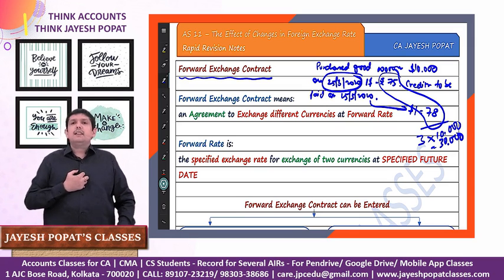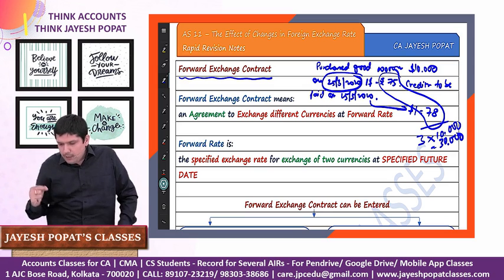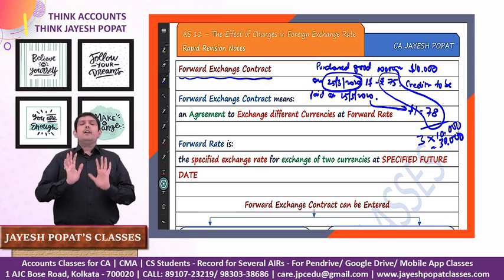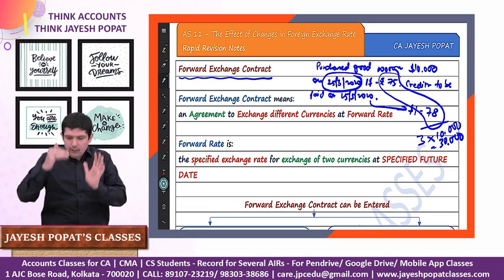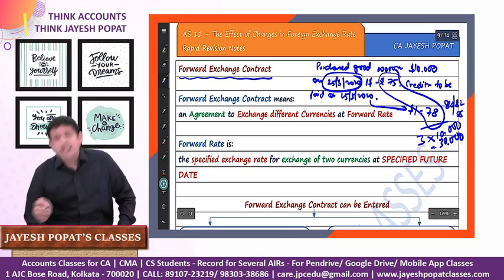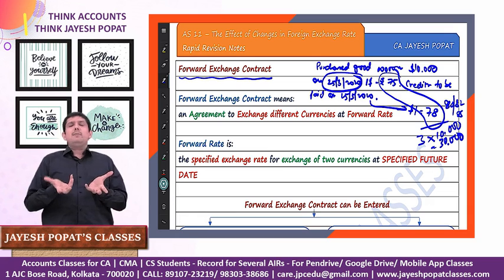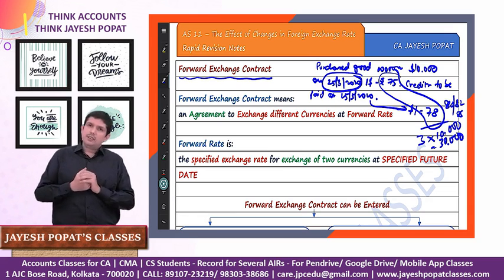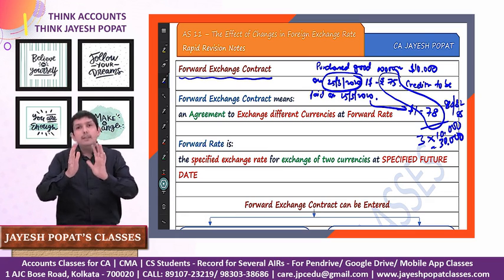I will purchase $10,000 from you and I will pay you 7,80,000 at the rate of 78. So now I can have peaceful sleep. Now even if the exchange rate becomes 80, 82, or 85, it's not my worry, because I have a right to buy these dollars at the rate of 78. So I am limiting my loss.